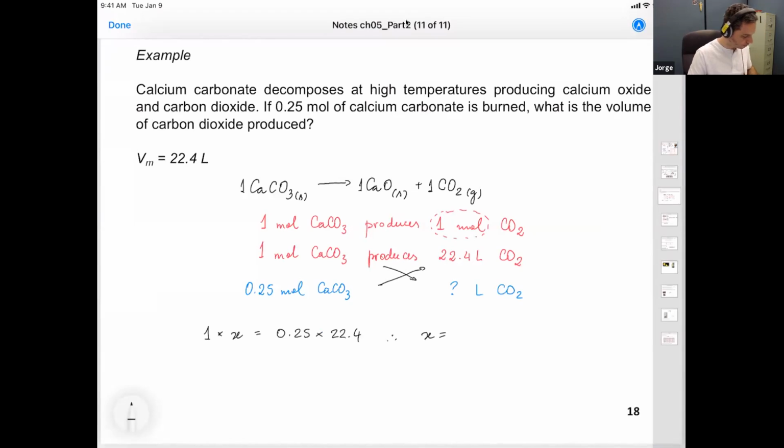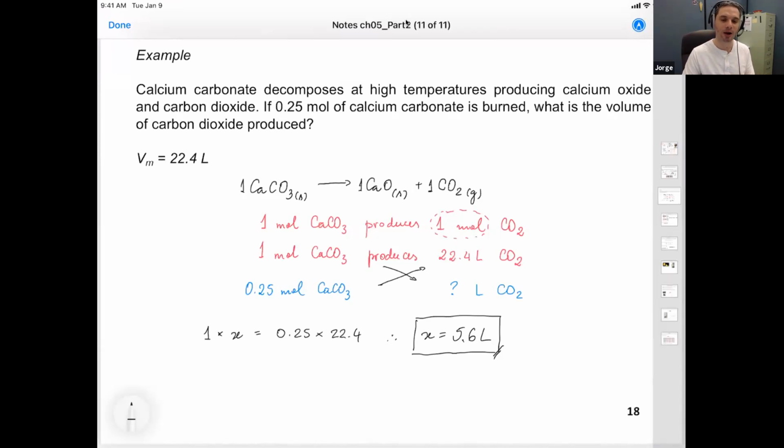Therefore, the volume of CO2 produced when 0.25 mole of calcium carbonate is burned is 5.6 liters. So if we go to the lab and build a setup to collect all the gas produced during the reaction, we have to collect something around 5.6 liters of carbon dioxide.